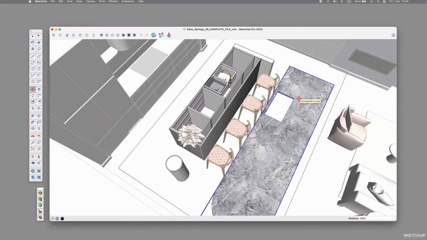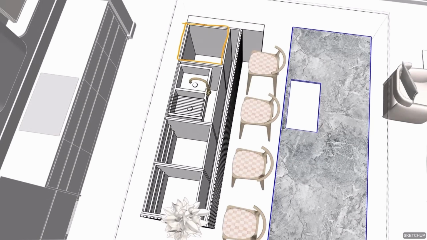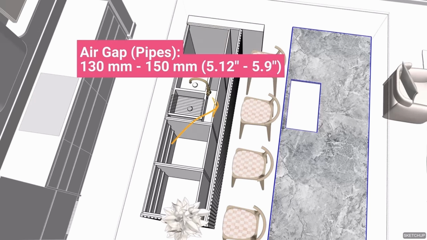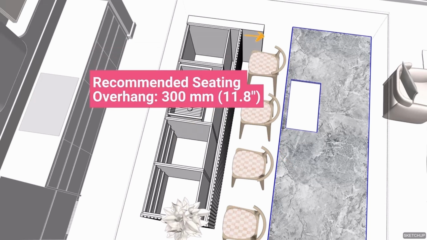This expanded depth allows space for the cabinet module, some air space for the pipes of about 130 to 150mm, some 3D panels or tiles, and the overhang for our bar stools to be able to sit with comfort.